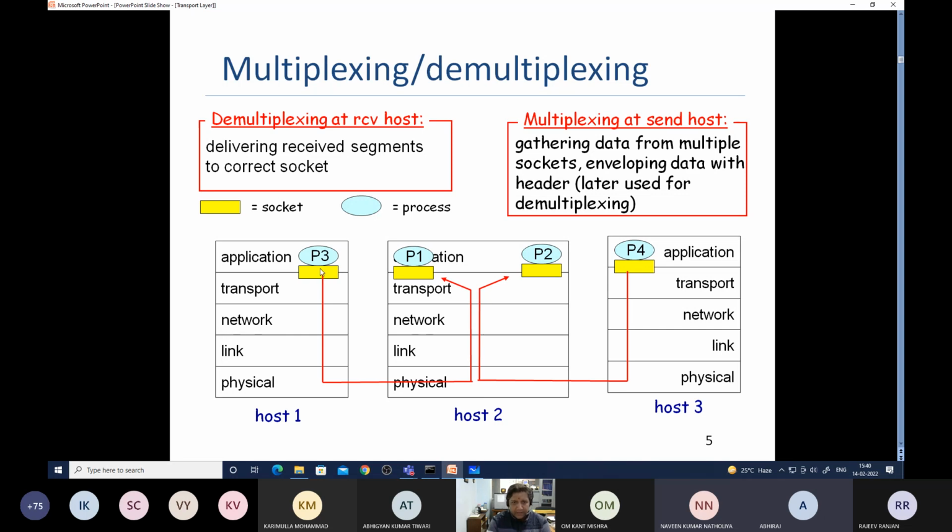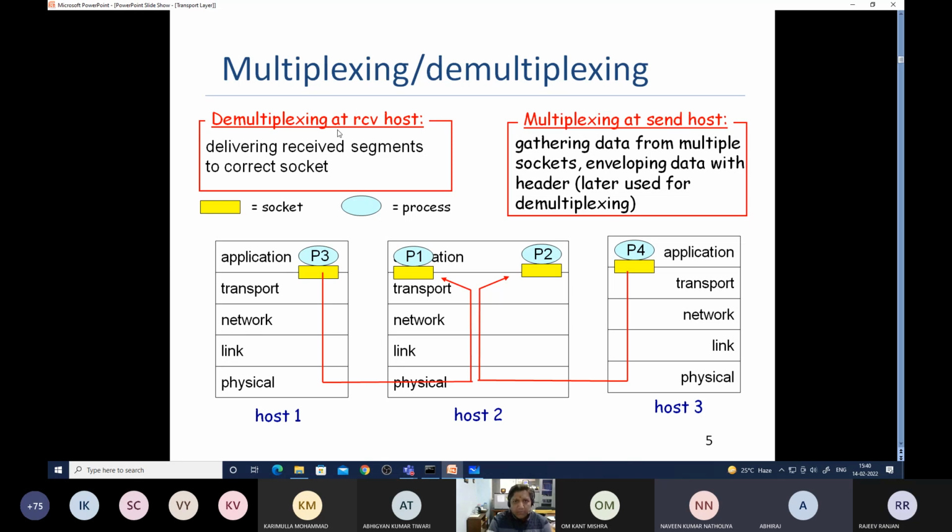Suppose application process P3 is writing to application process P1 in host 2. P3 will write the data in its socket, and it is the duty of the transport layer and other layers to transfer the data to the socket of P1, and P1 will read data from its own socket.